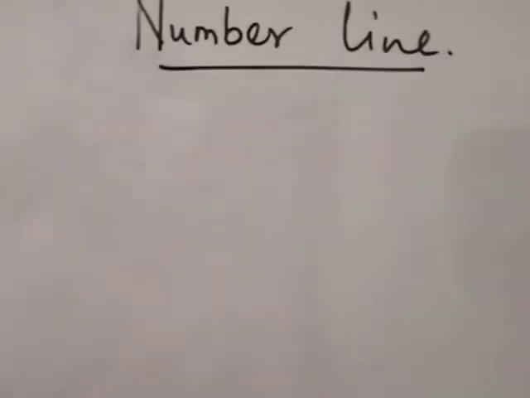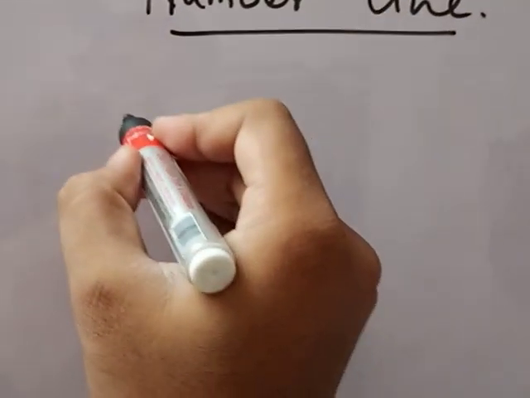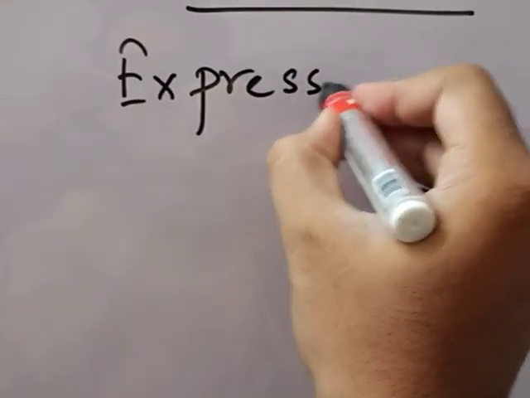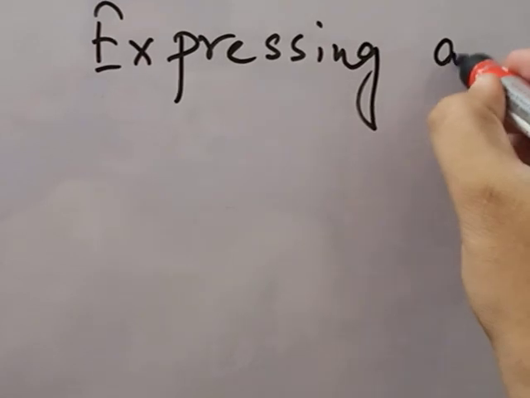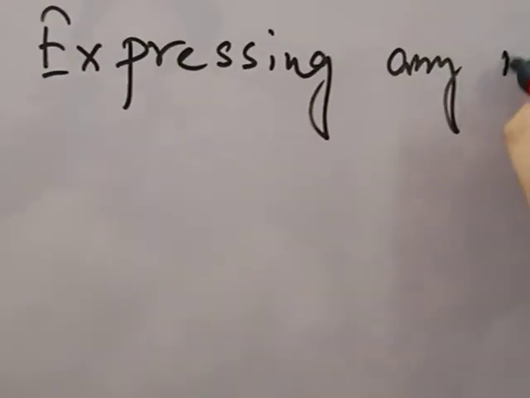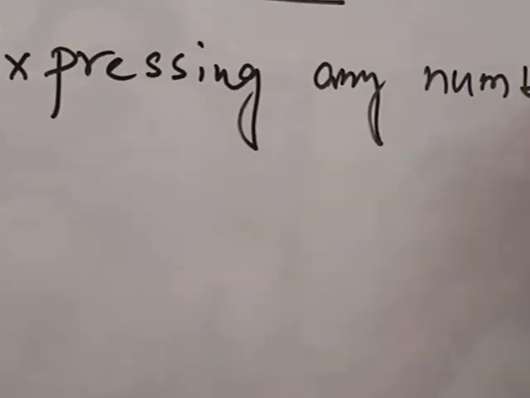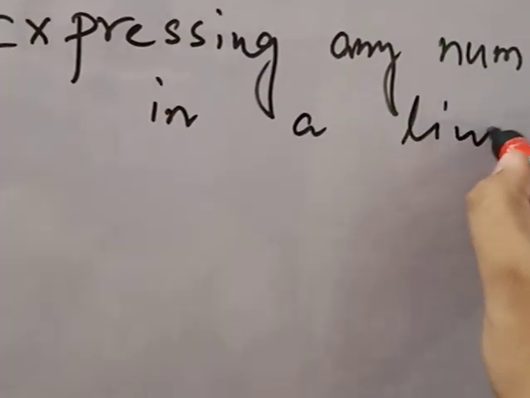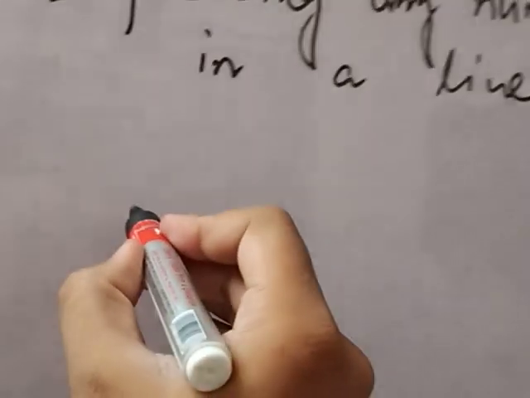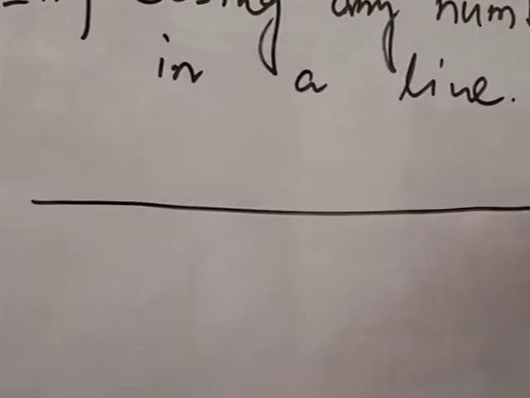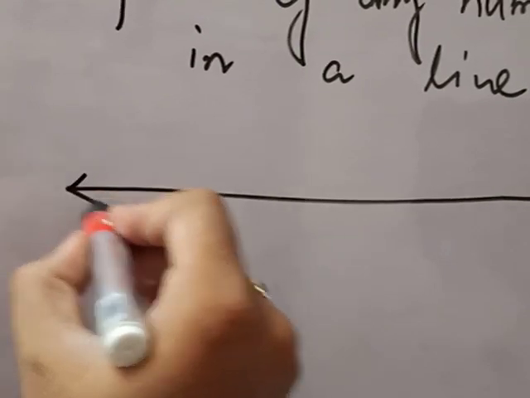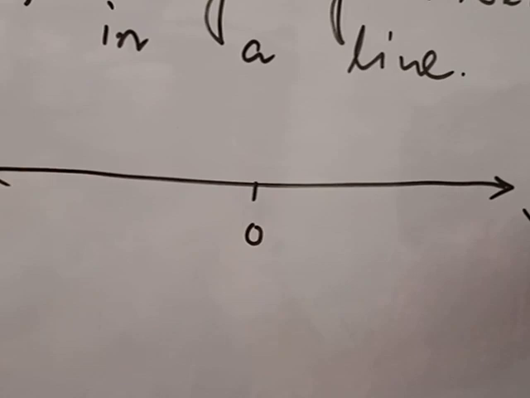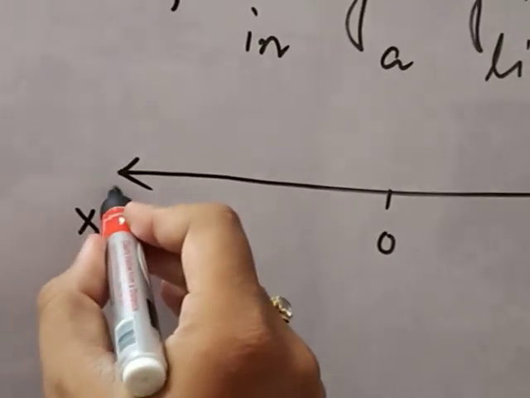Number line means you are expressing any number in a line. Here this is 0 and this is x and this is x dash.